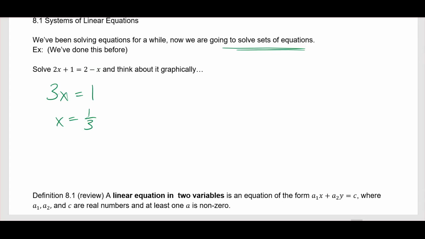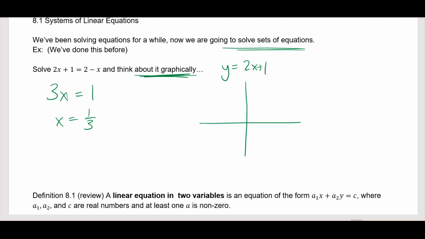Okay, great. Now think about what this is doing graphically. So if we think about these as individual objects, we say, all right, when is that object equal to that one? So on a graph, we can draw a picture of y equal 2x plus 1.